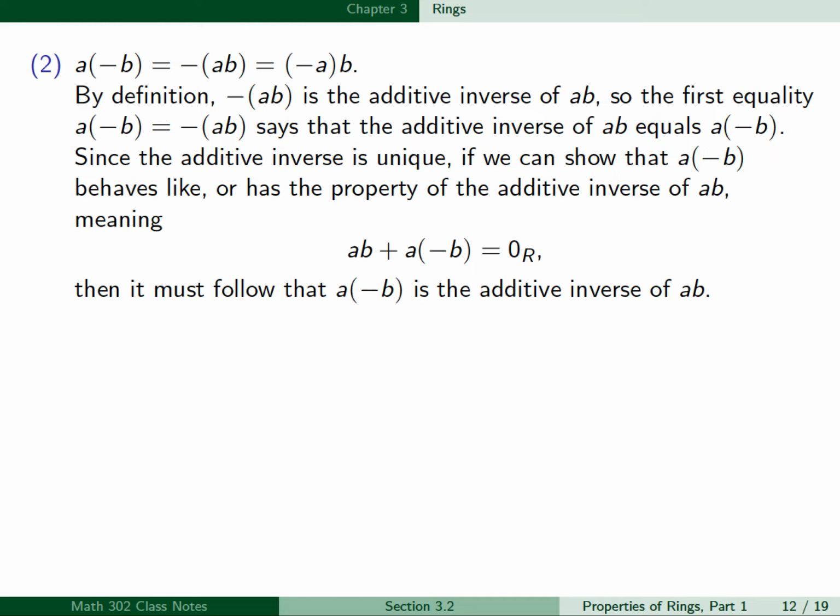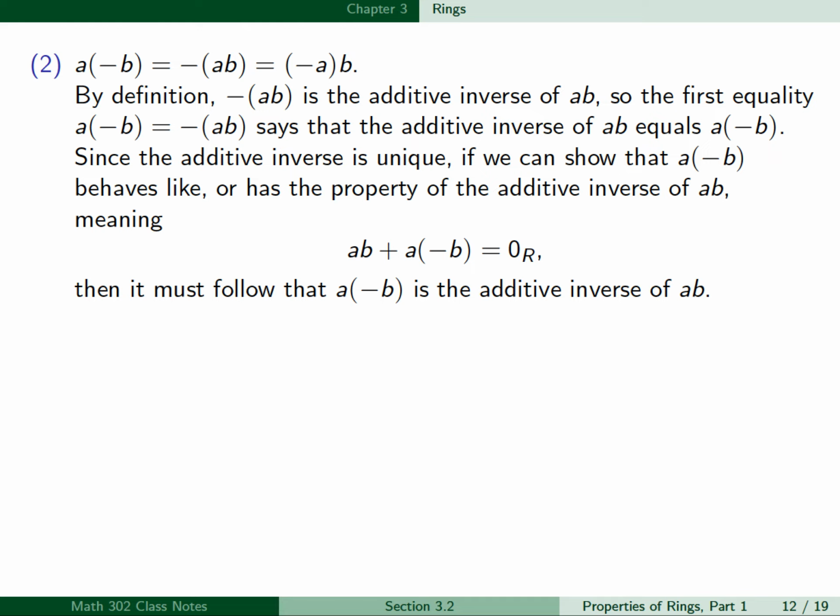Okay, so to prove this equality, we want to show that a times minus b is the additive inverse of ab. Now, since the additive inverse is unique, if we can show that a times minus b behaves like the additive inverse of ab, that will tell us that it must be the additive inverse of ab.